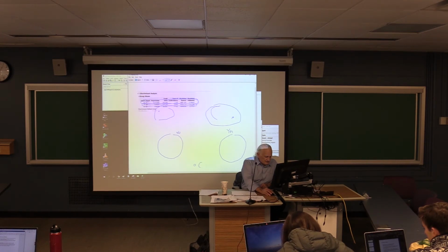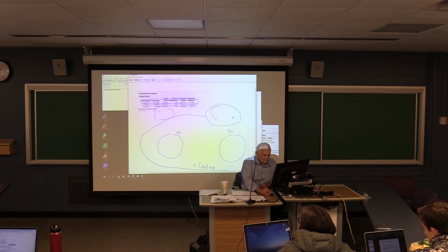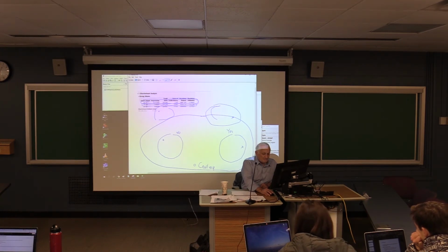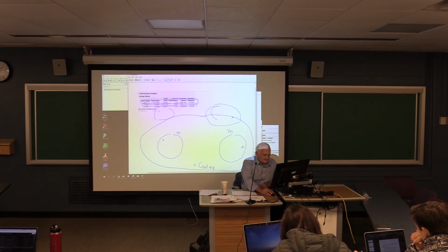So this is the centroid of all 50 observations. If you want to put all of them together, all right? So here is the centroid for the no, here's the centroid for the yes, and here's the centroid of all. Now, here's a new observation.